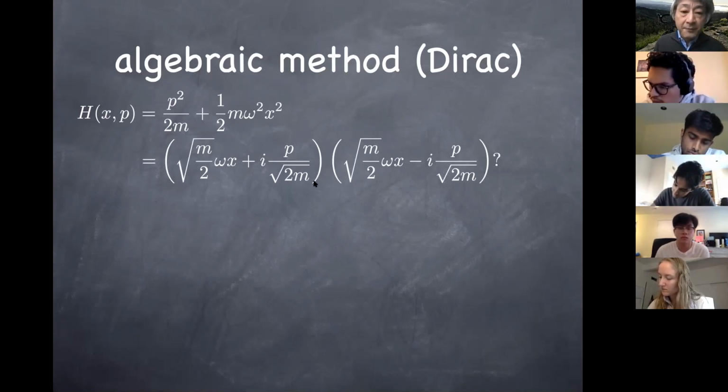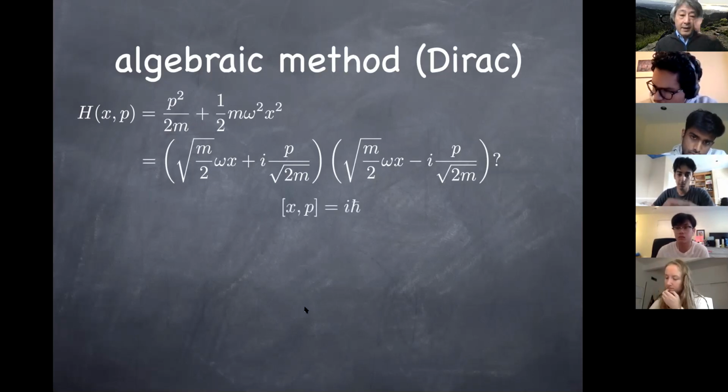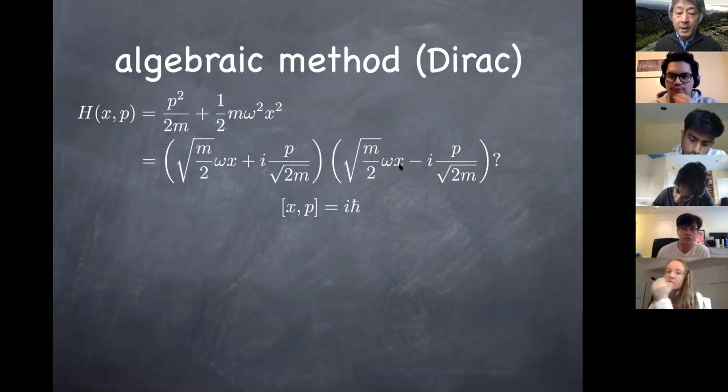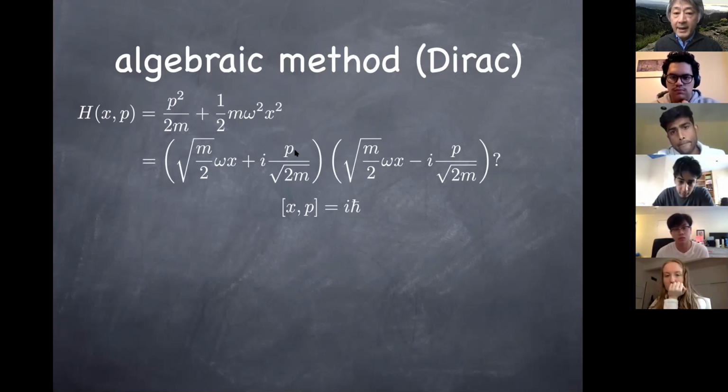There are these cumbersome factors here using m and omega, but nonetheless, this is something you can do. But we have to remember that x and p are not numbers anymore, they are operators. So I have to be a little bit careful about the ordering between x and p. For example, if I look at the cross term in this expression, this times that has p in front of x. On the other hand, this times that has x in front of p.